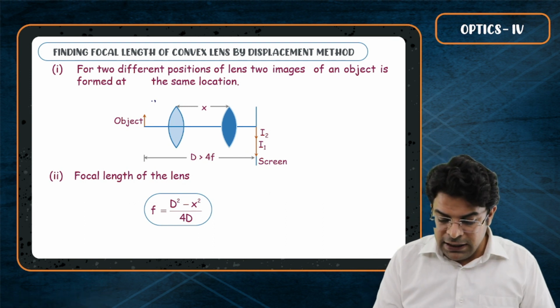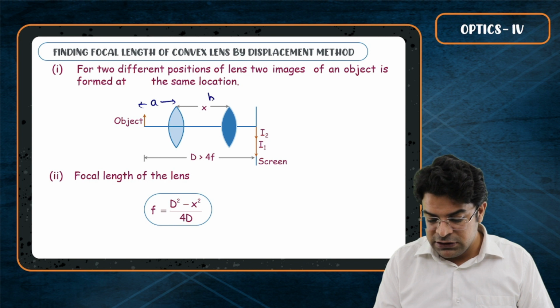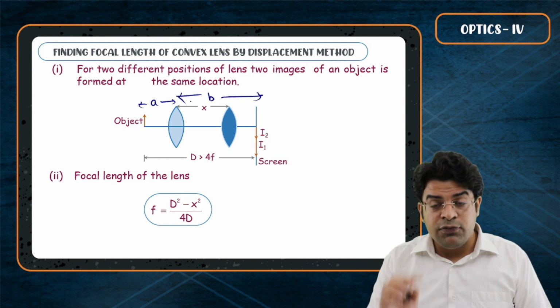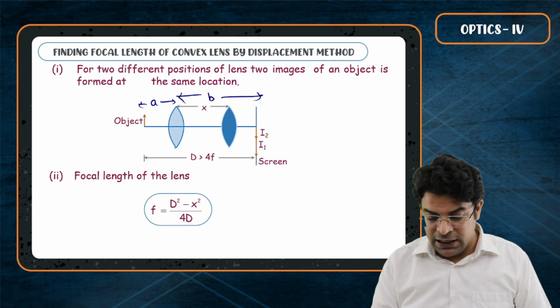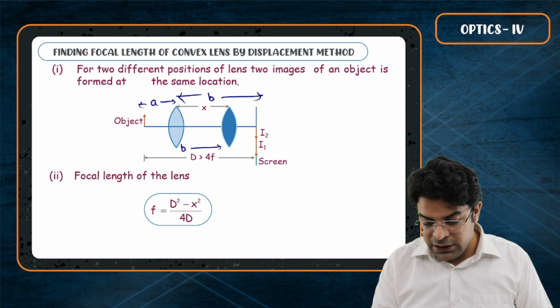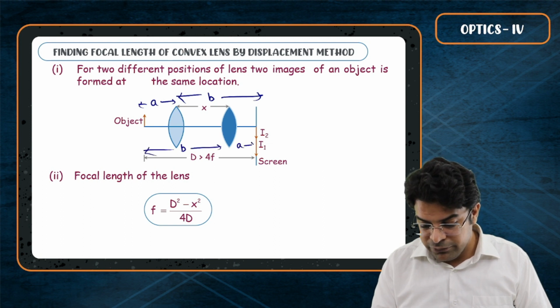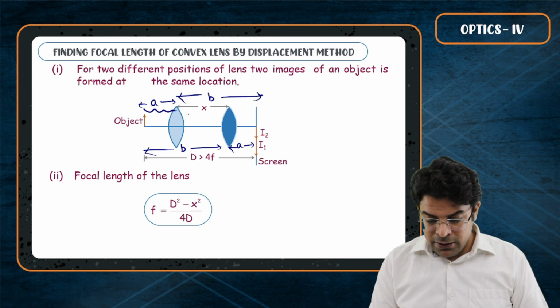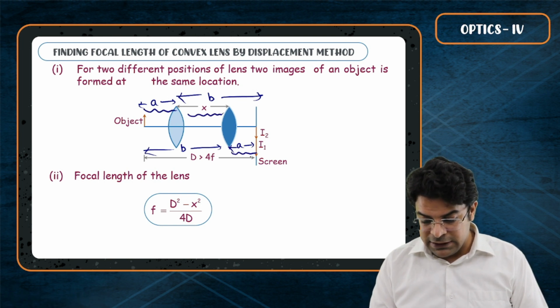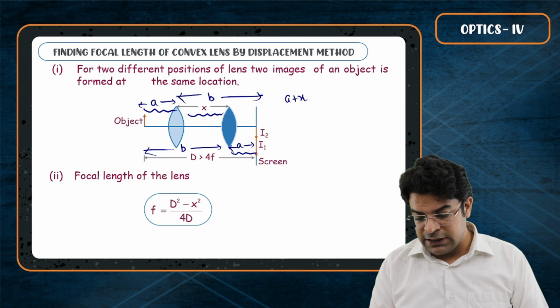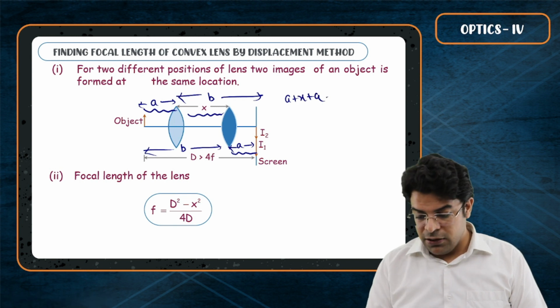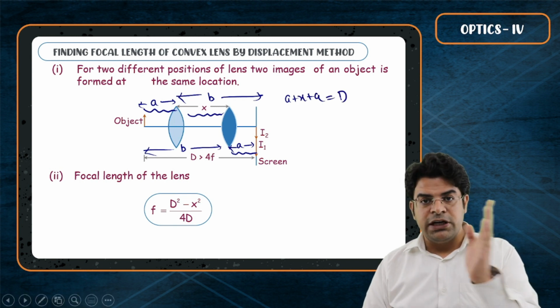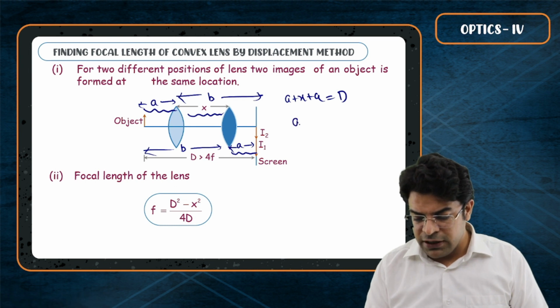How? Let's say this distance is A and this distance is B. Then for another position, this distance has to be B and this distance has to be A. So I can say that A plus X plus A equals the separation between object and screen, D. So from here you get A equals (D minus X) by 2.